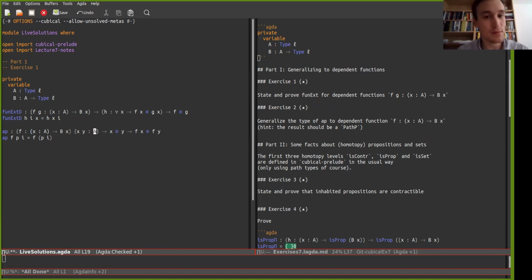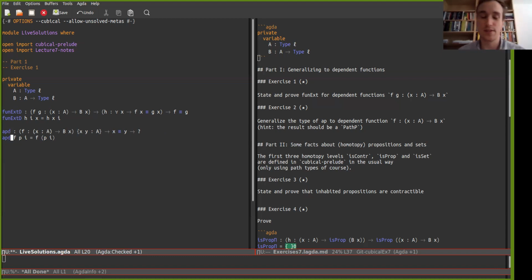And then we have x and y in A, the path between x and y. And then something here. And maybe we call it appD.